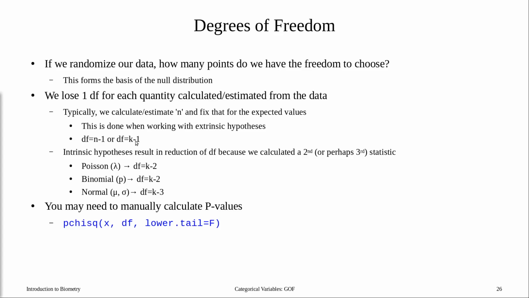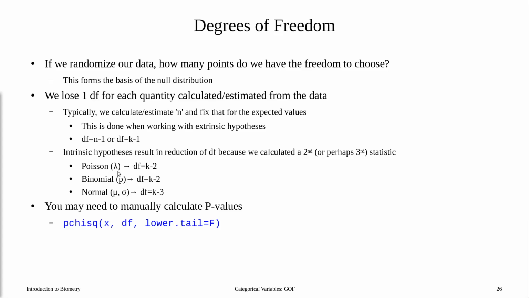So in our fruit fly data, where we had the white-eyed and the red-eyed flies, we calculated the sum of all of the flies that we counted. That was our estimate from the data, and then we used that to generate our expected. So that's our 1. And that's standard for basically every test. Our degrees of freedom is our categories minus 1.